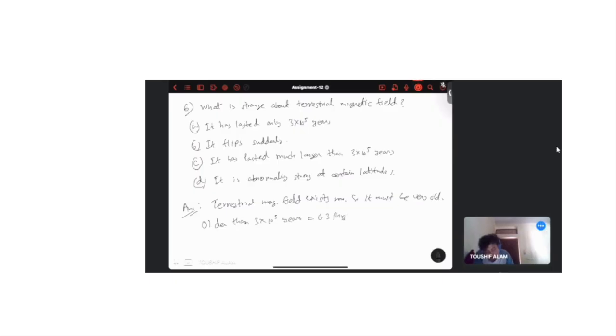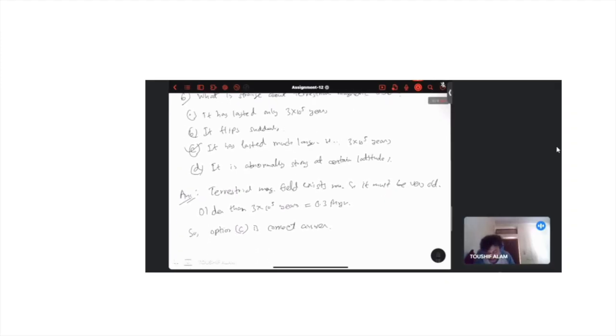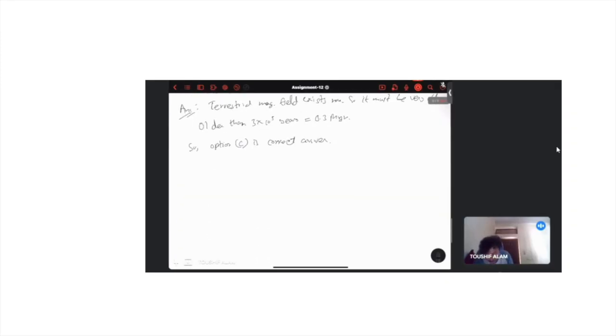That is 0.3 million years. Okay. So option C is the correct answer. Obviously, it doesn't flip suddenly. We know the North Pole, South Pole changes over time, but not like flipping.